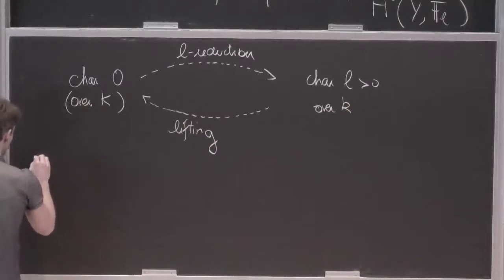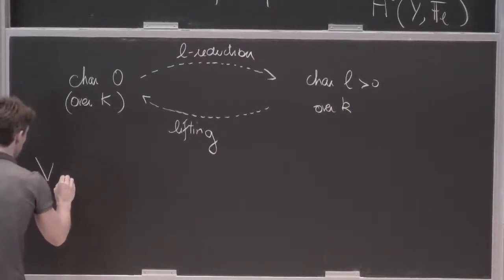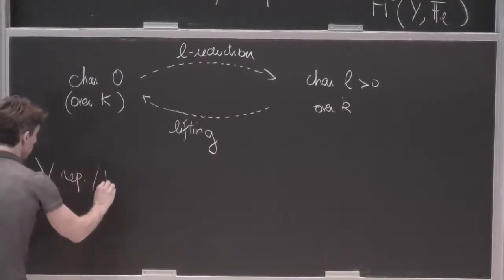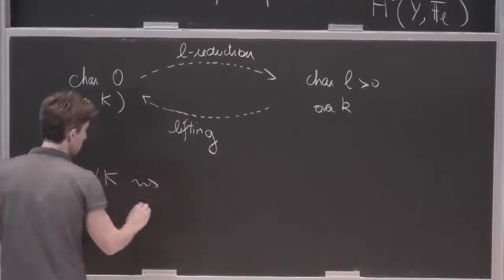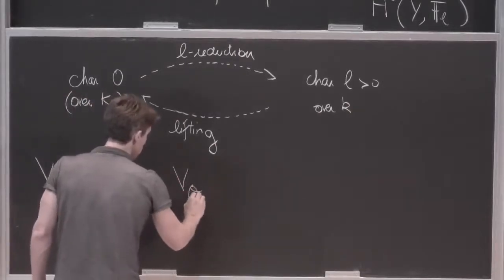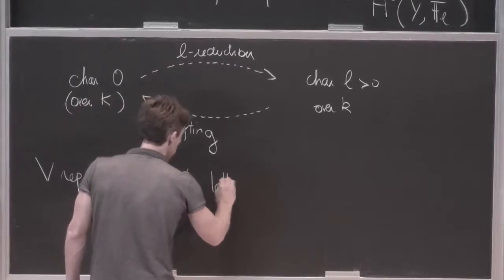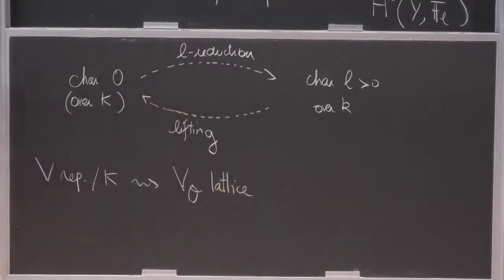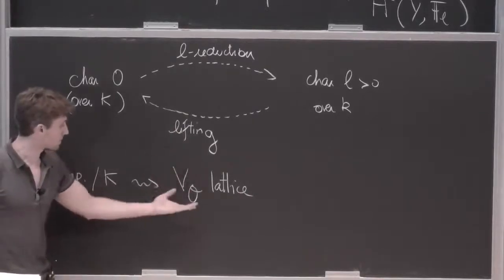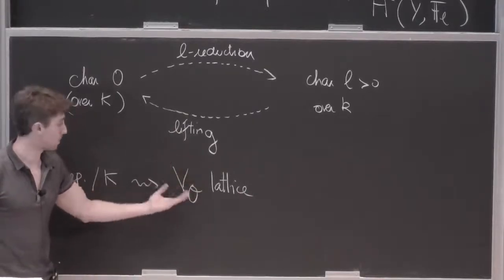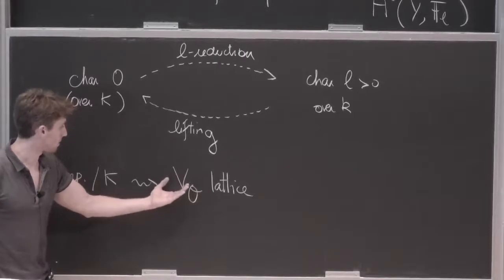Okay, and how do you do this in a non-canonical way? So you start with V, a representation over K. You can define a lattice, some integral form which will extend to V. There is a choice for this lattice, which is encoded in the choice of the basis that Rada made yesterday.